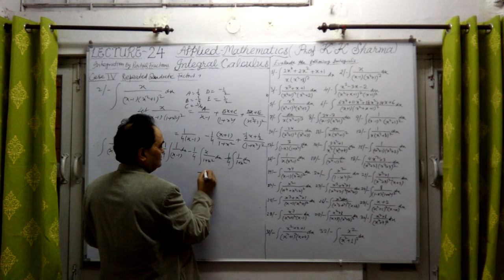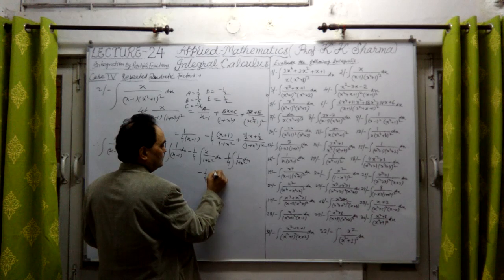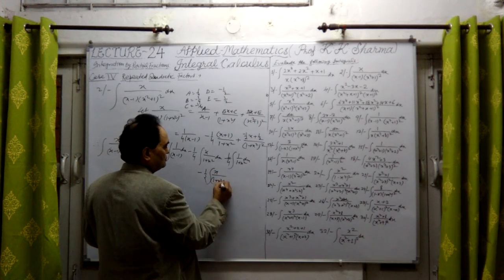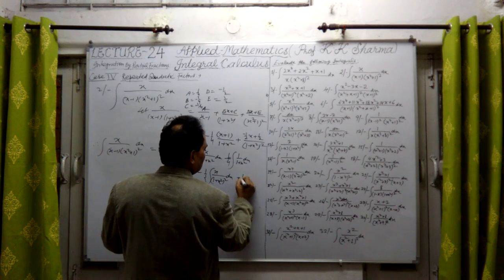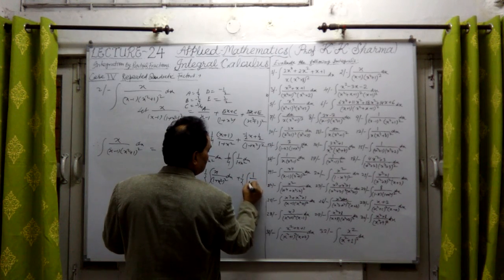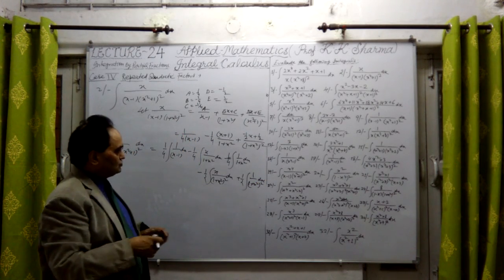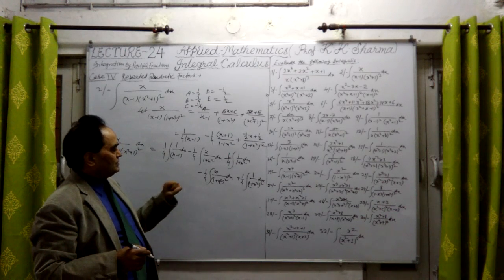Here, let me take minus 1/2 common out, so it will be x upon 1 plus x square whole square into dx, then plus 1/2 into the integration of 1 upon 1 plus x square whole square into dx. Okay, so between this one and this one, what can we do?